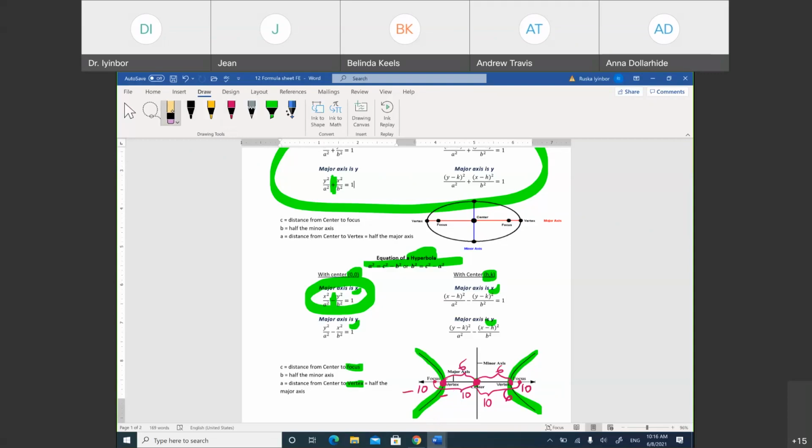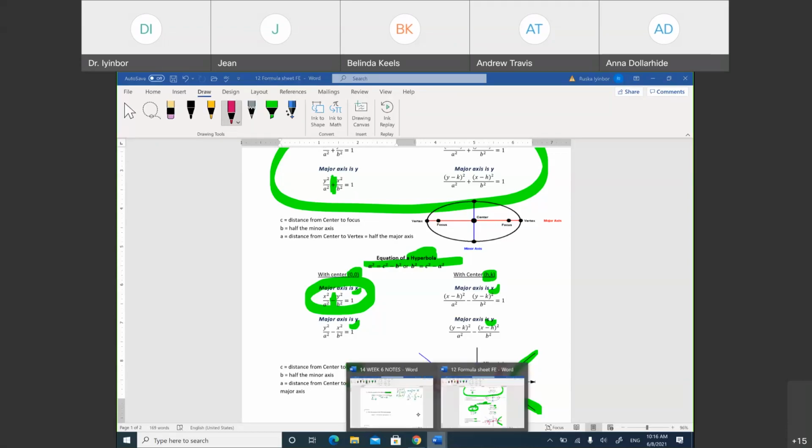In this case, they give you -10 and positive 6. So the focus from -10 to 0 is a distance of positive 10, and from 0 to 6, the distance is 6. Make sense?